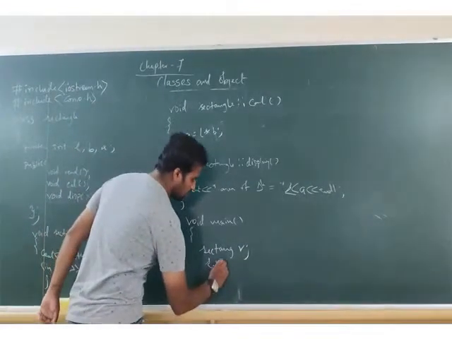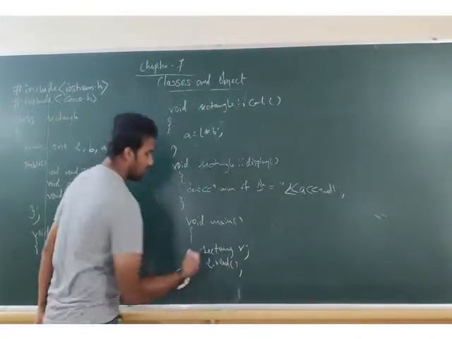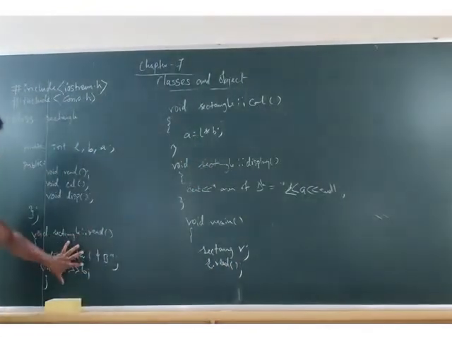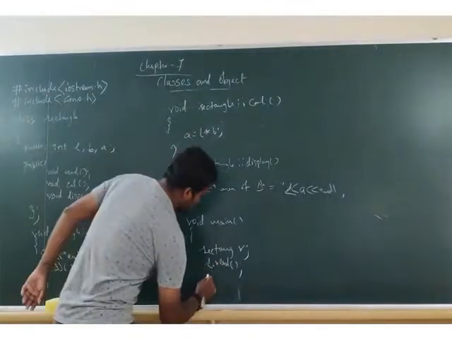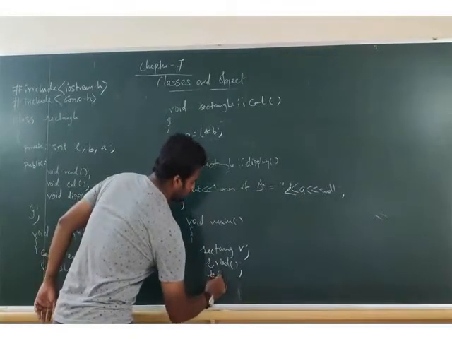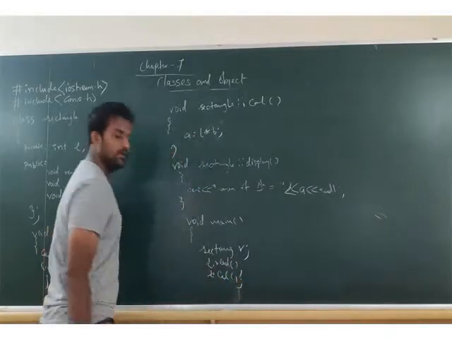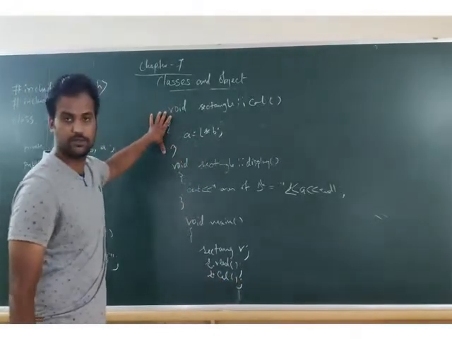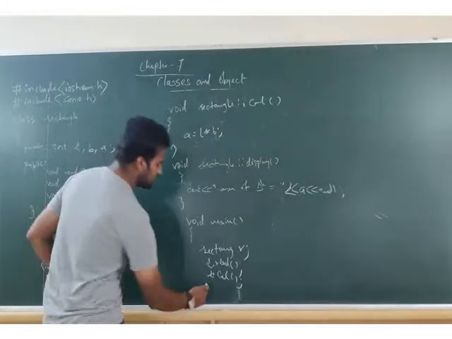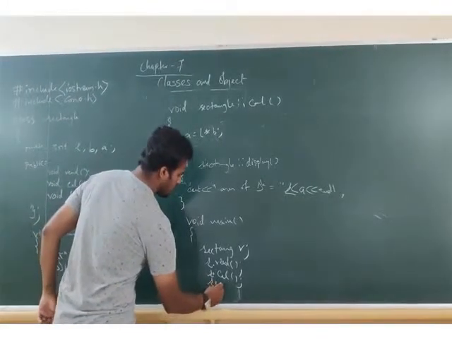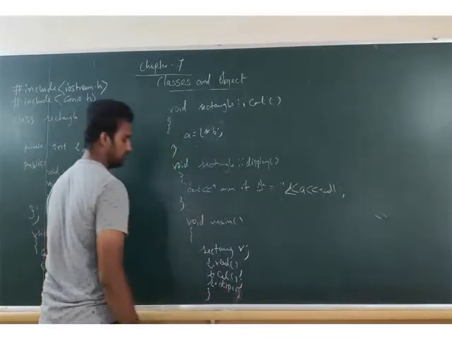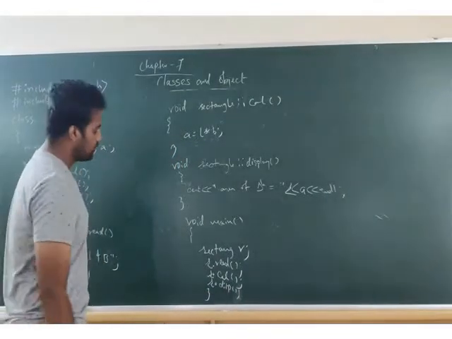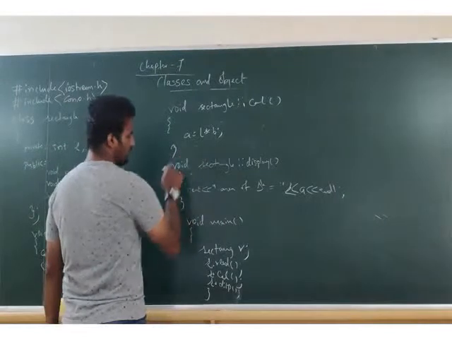R dot read will execute the read function only. Next, R dot calculate will only execute this much. Next, R dot display. Okay? So these are the three things it will execute.